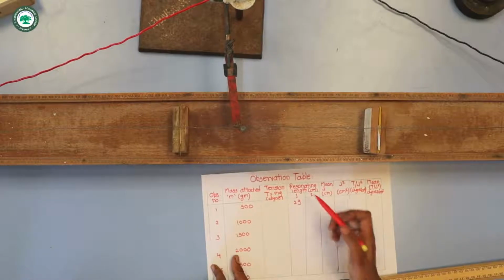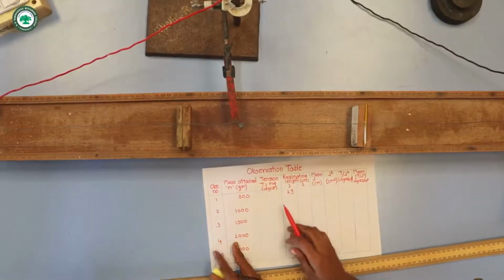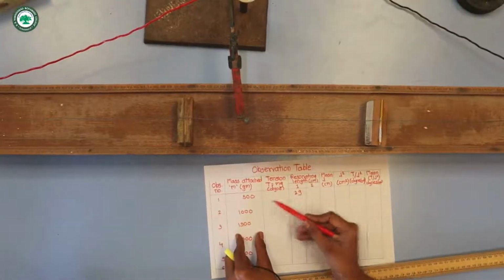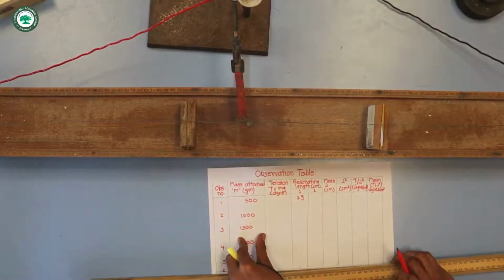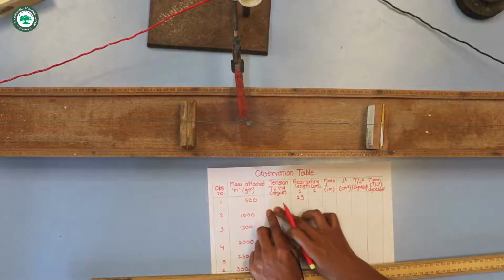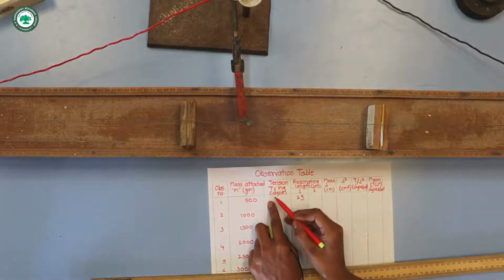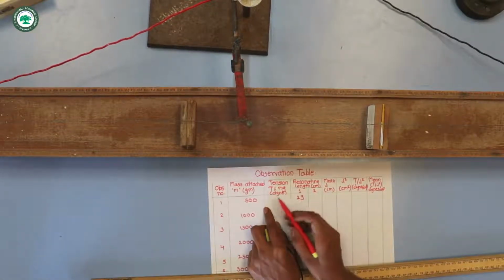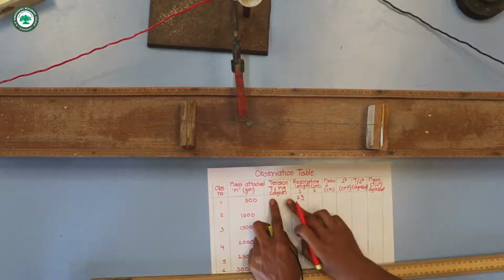The next column is tension, T is equal to M into G. The value of M is given in this column and G is equal to 980. So by multiplying with 980 we will calculate the tension, which is calculated by T is equal to M into G and has the unit dynes.